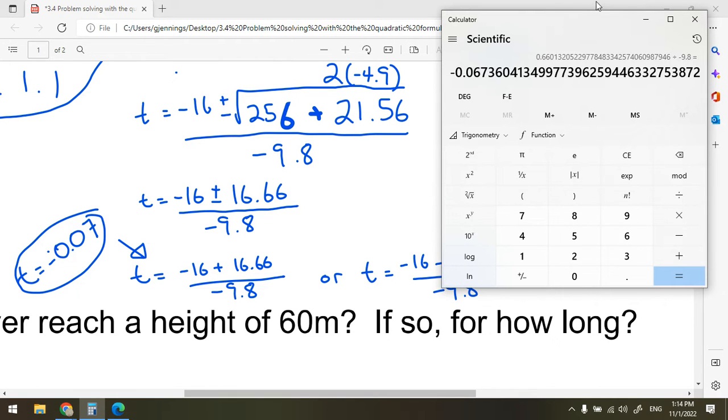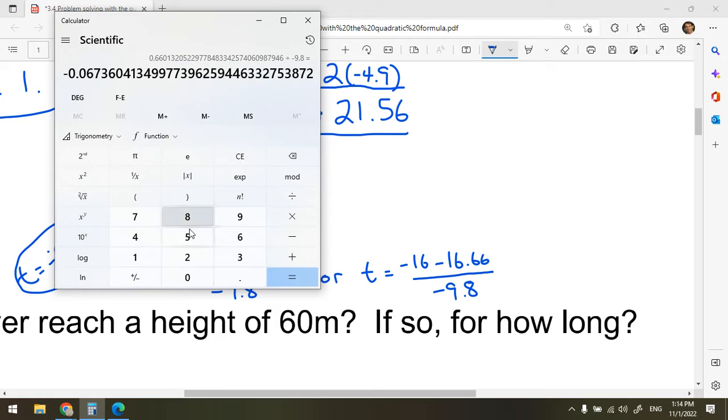This other one here, we will have 16, but it's negative. Subtract 16.66, but it's negative, equals, well, that's not correct.